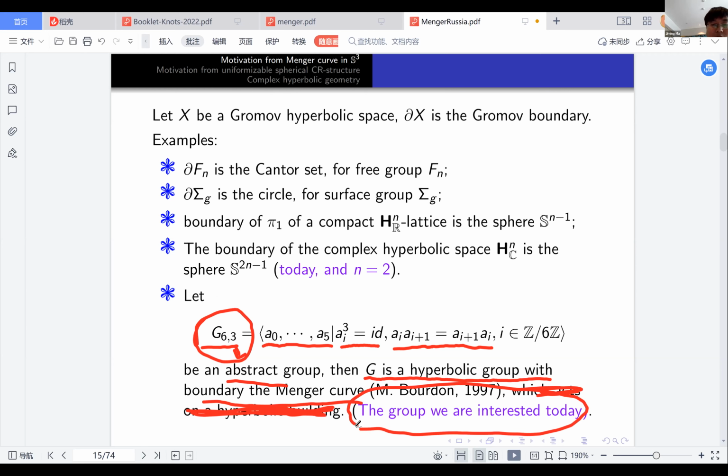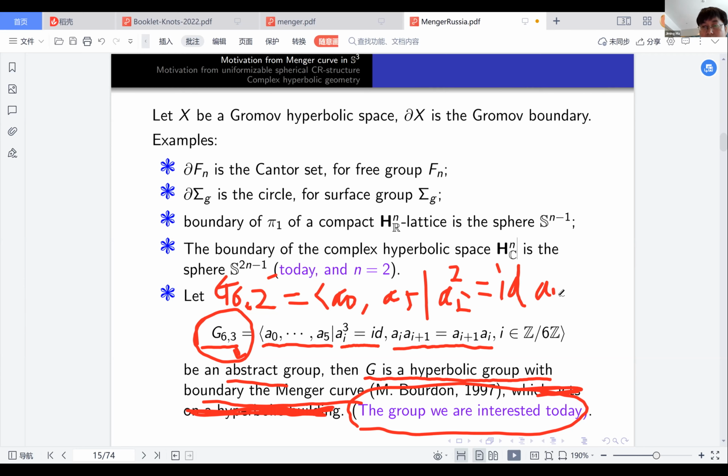So for example, if we consider G_6^2, it is given by generators A0 through A5, with A_i squared equal to the identity, and A_i and A_{i+1} commute.